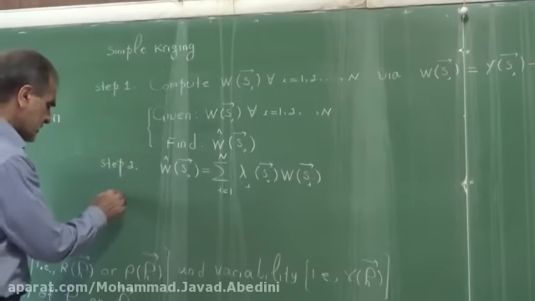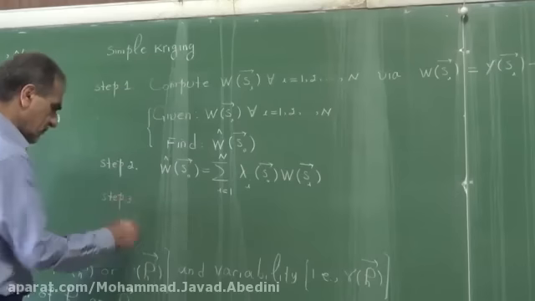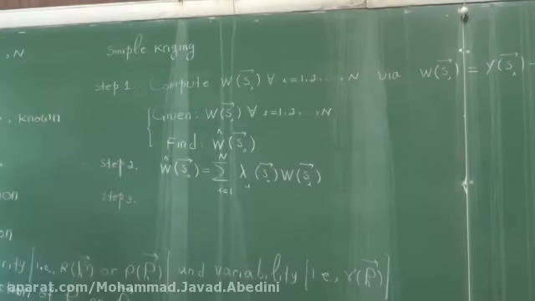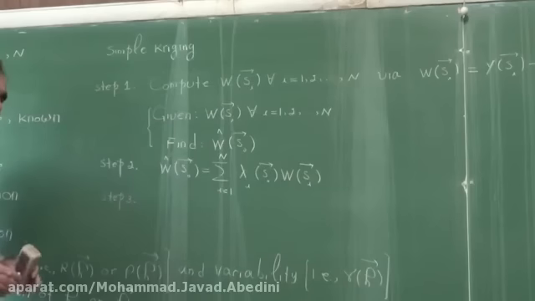When it comes to step 3, in step 3 you have to cast your residual. And that is where geostatistics departs from least square.